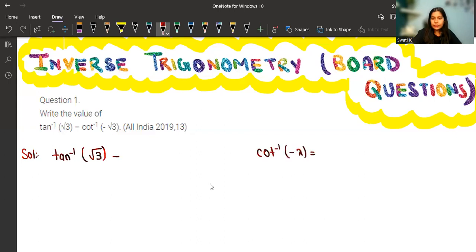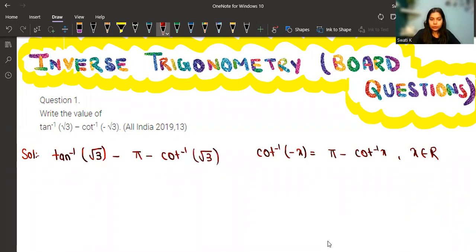The formula of cot inverse minus x is pi minus cot inverse x, where of course x belongs to R. So using this formula, this will become pi minus cot inverse x. X is root 3 here, right? So this will become cot inverse root 3.